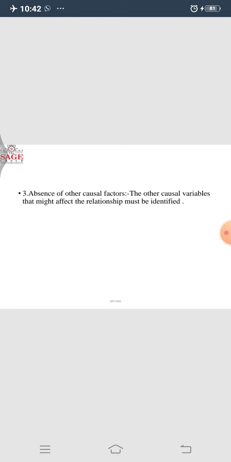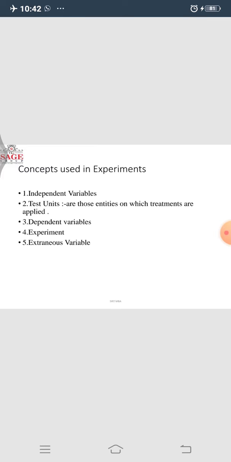Had the training not been organized, still the sales would have gone up. So these are a few of the conditions required to have the cause and effect relationship. First is concomitant variation, then time order of occurrence of variables, and absence of other causal factors.